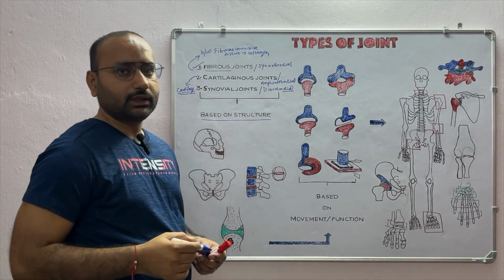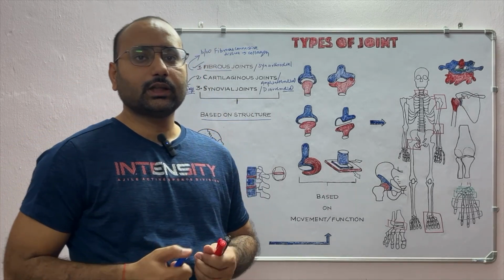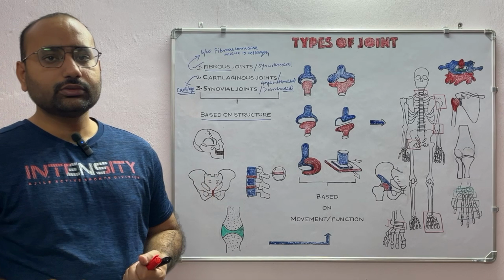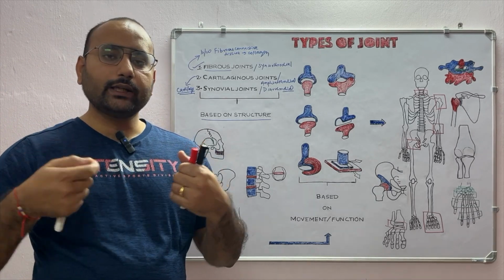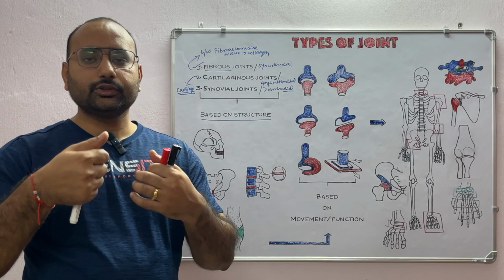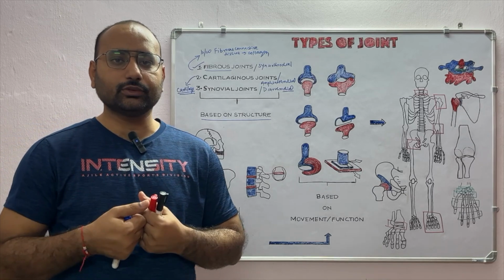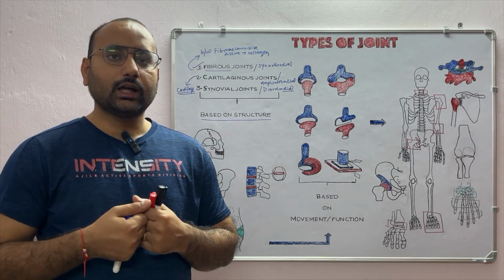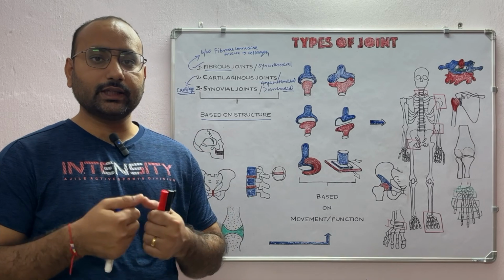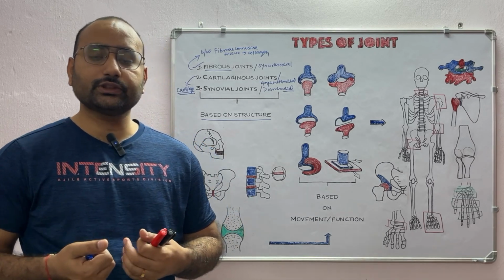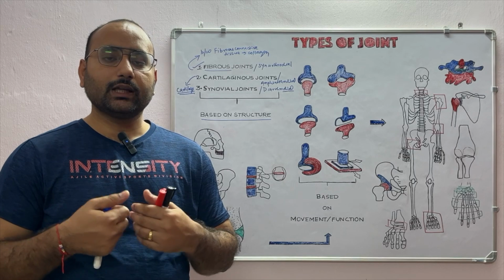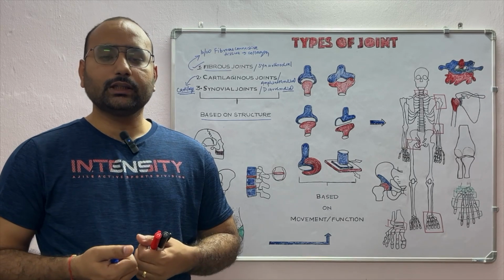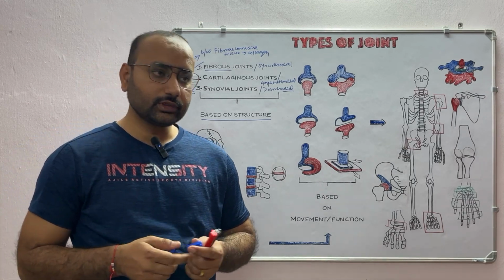Coming to the synovial joint, now the synovial joint is a bit different from these two joints, because in the synovial joint you have quite a good amount of gap, or a good amount of space between the bones, and within that space the material that is there is known as synovial fluid, which is basically a very flexible material and acts as a lubricant that helps in the movement of the bones against each other, right?